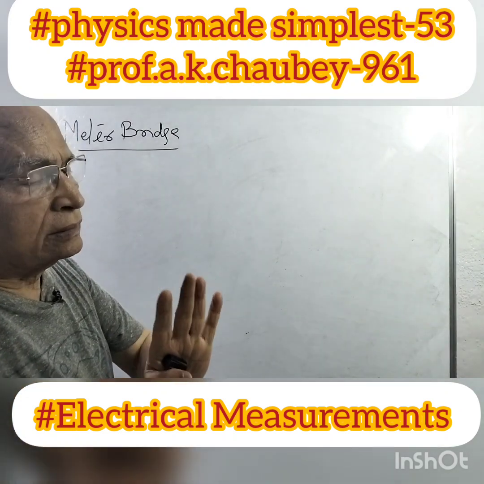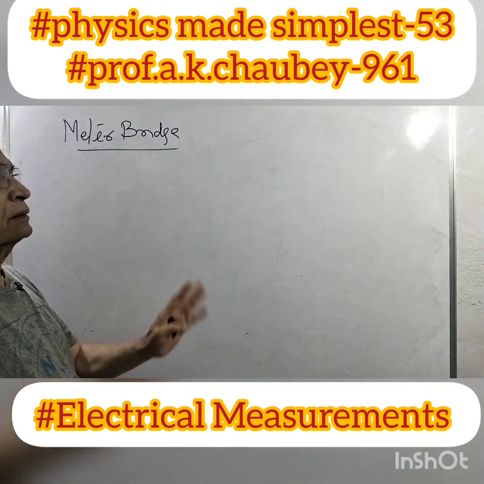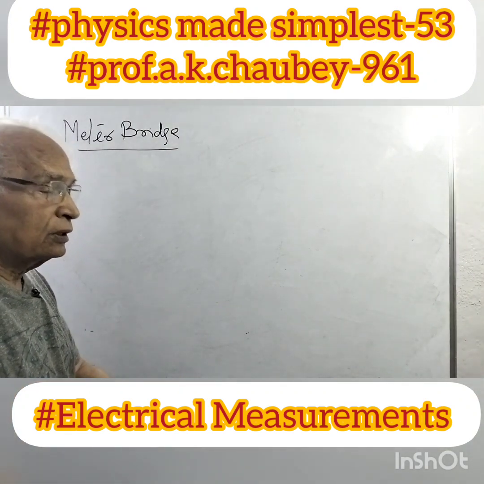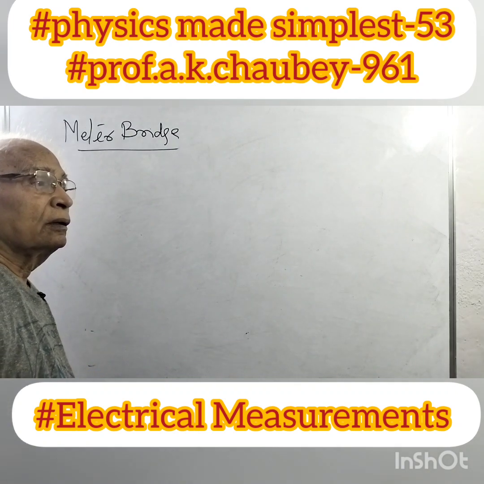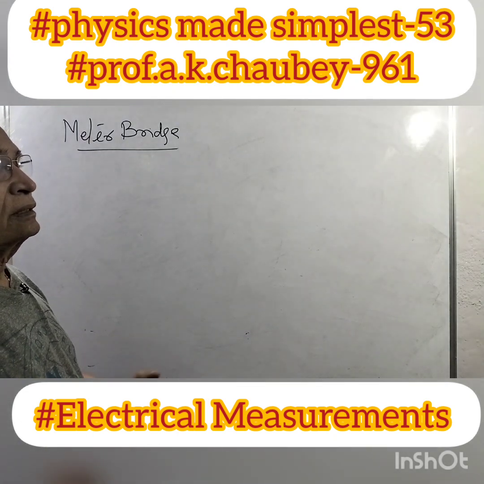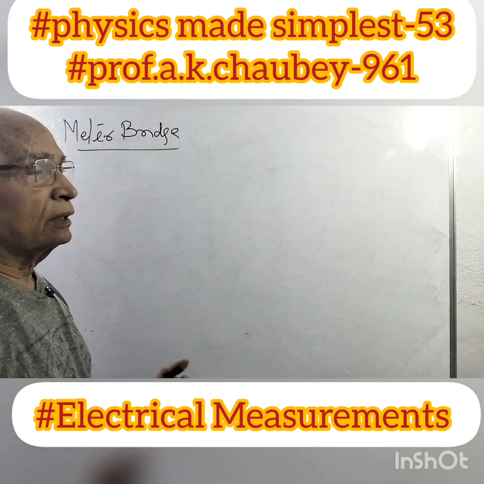We need four resistances, P, Q, R and S. So this way, the Wheatstone bridge principle is used in the laboratory to get unknown resistances, to get specific resistances. So the meter bridge is also based on that.